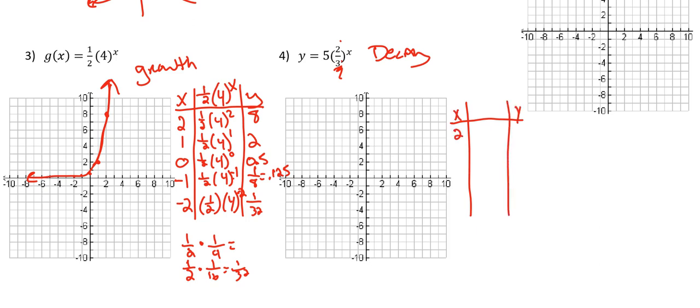Again, I'm going to stick with the same values. And this time it's 5 times 2/3 to the x. All right, 5 times 2/3 to the second, 5 times 2/3 to the first, to the 0.